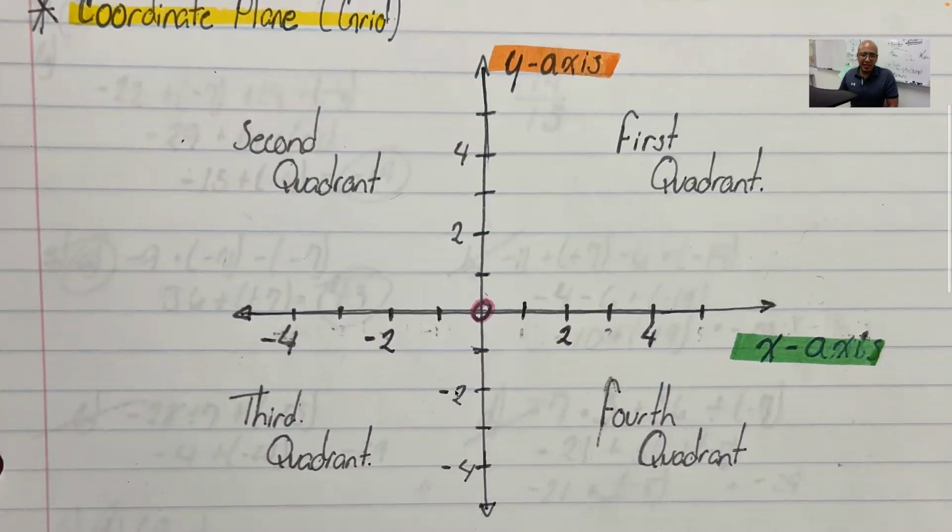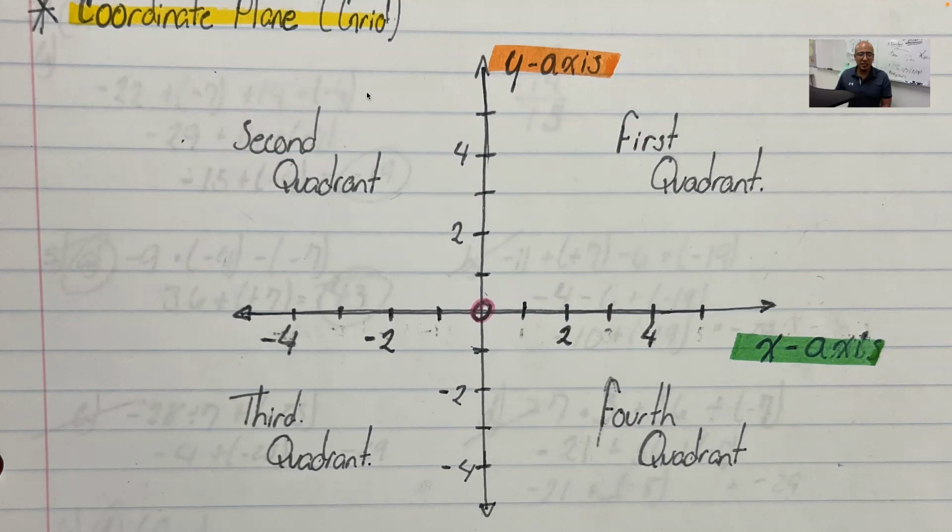So within this coordinate plane, you're going to see that we have 4 sections, and each of these sections is known as a quadrant. Here would be the first quadrant. This is quadrant 1 right here. And then we go counterclockwise. So directly to the left over here, we have the second quadrant, or quadrant number 2, the third quadrant, quadrant number 3, and the fourth quadrant, quadrant number 4.